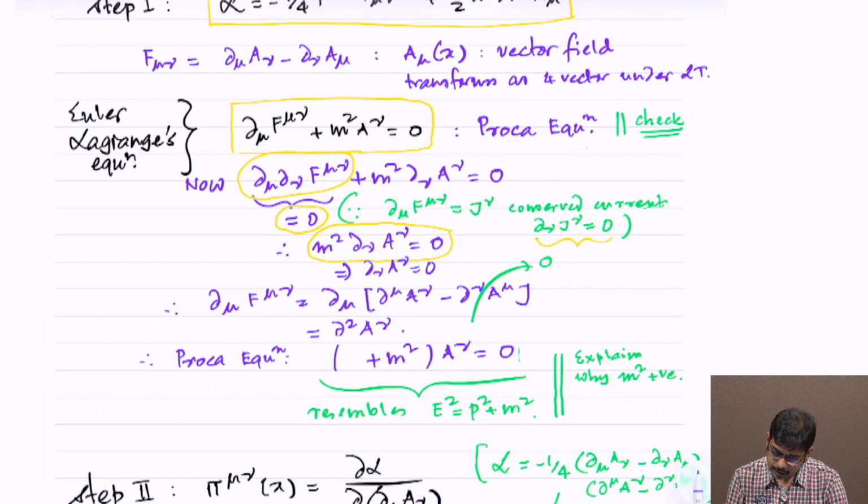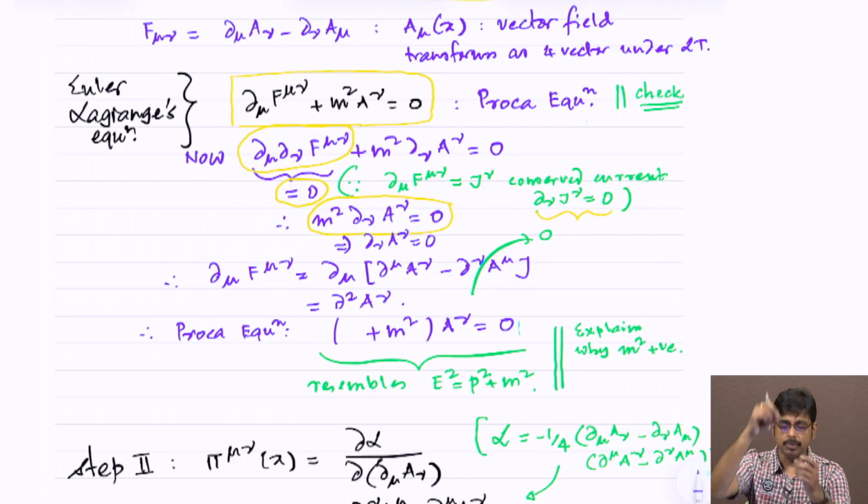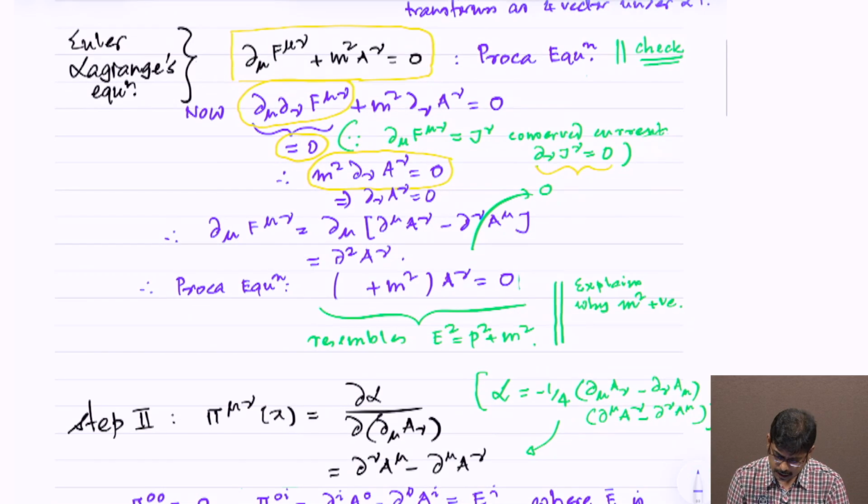So, therefore, what does it remain? It basically gives that del mu F mu nu is nothing but del mu del mu A nu. With those two mu indices being up and down, that basically means the box operator or the del square operator, which you call the D'Alembertian.